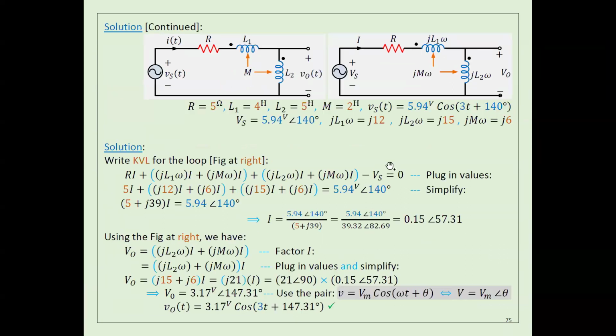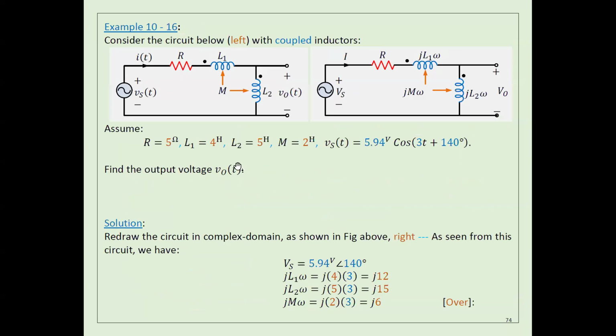So you will see now, I have to use the two formulas. Here I give you R, L1, L2, M, and VS this way. The first thing you need to calculate is VS, and you have to put it in the complex domain. It's very easy.